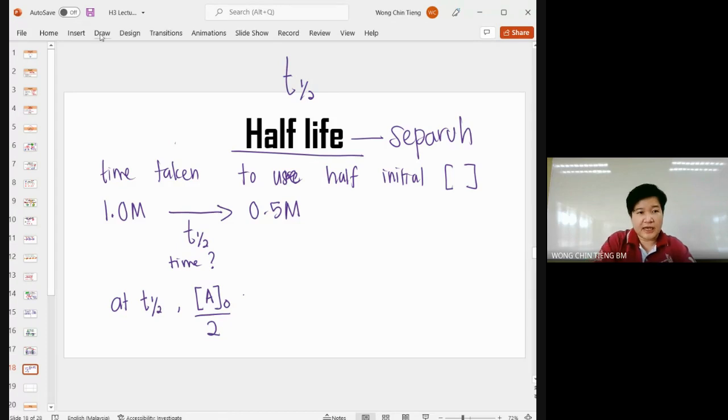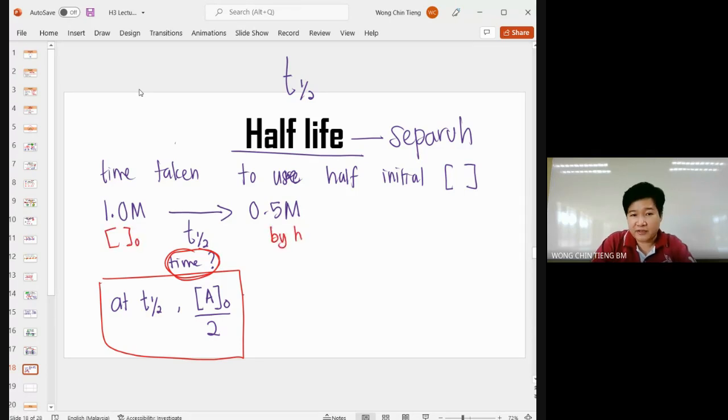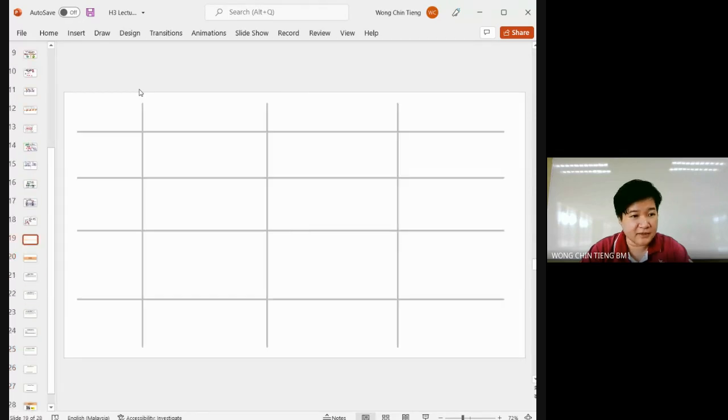So ni yang kamu kena tahu pasal half-life: the time needed for the initial concentration to decrease by half. Okay, soalan setakat ni? Laju sangat kah? Laju, kenalah laju.